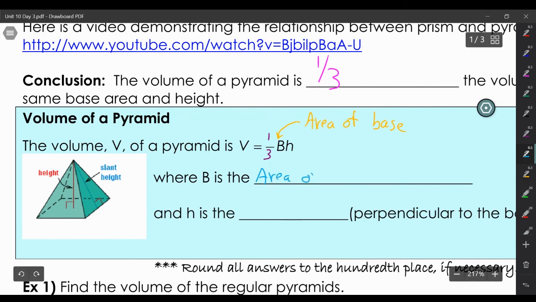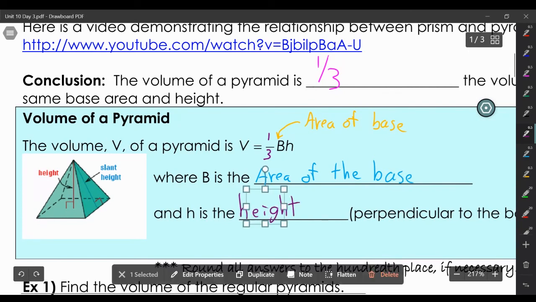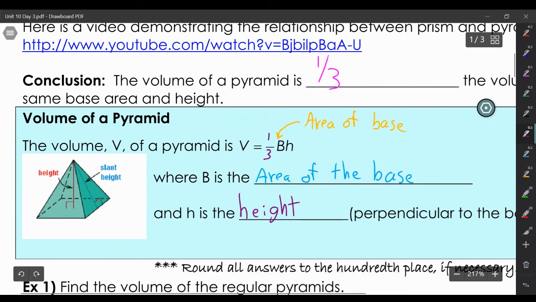And H is the height. So again, we have to figure out the area of the base and then multiply it by the height, and then multiply that by 1/3. Remember that multiplying by 1/3 is the same as dividing by 3.